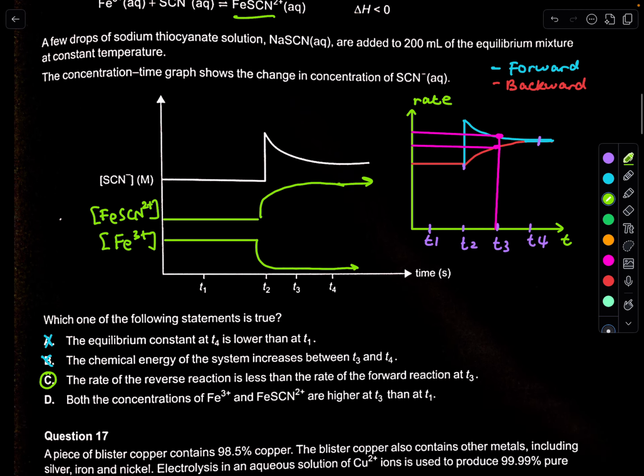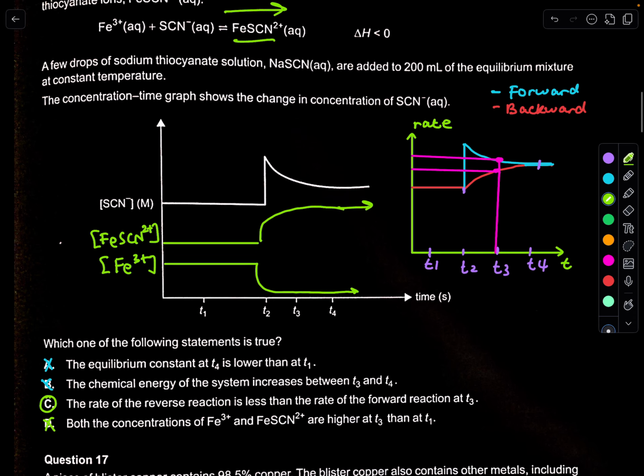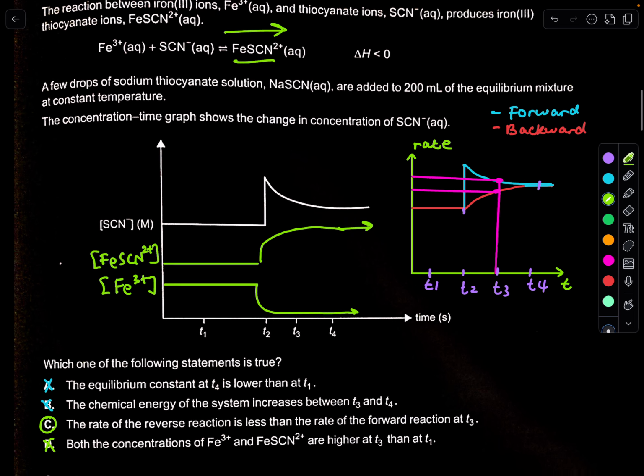So what the question says is both the concentration of Fe and SCN are higher at T equals 3 than T1. That's false because you can see that Fe3+ is actually higher at T1 than at T3. It works for this one, but not Fe3+. So that's absolutely rubbish. So your only answer would be C for question 16. I hope that makes sense.